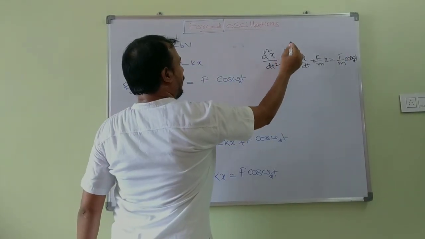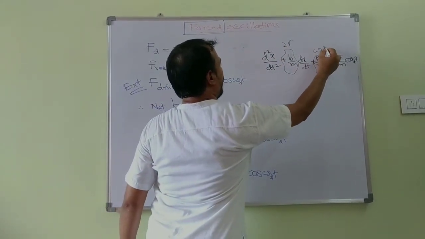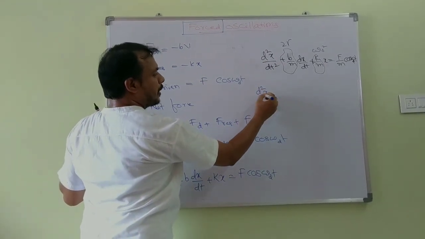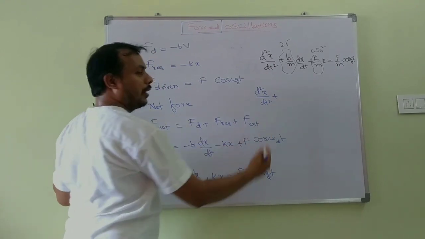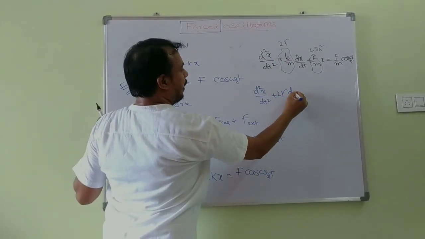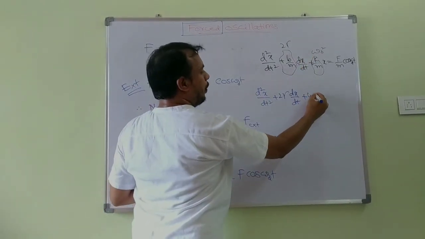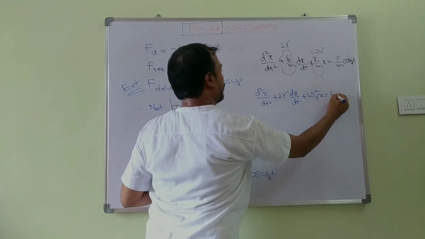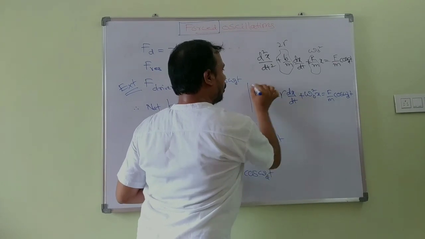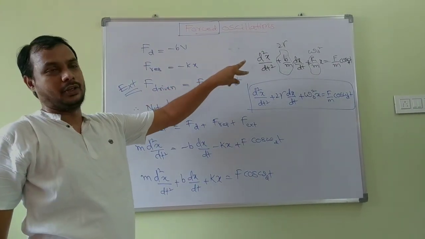And already we know b by m is nothing but 2 gamma, and k by m is omega naught square. So the equation becomes d square x by dt square plus 2 gamma dx by dt plus omega naught square x equals F by m cos omega d t. So this is the differential equation for forced oscillation.